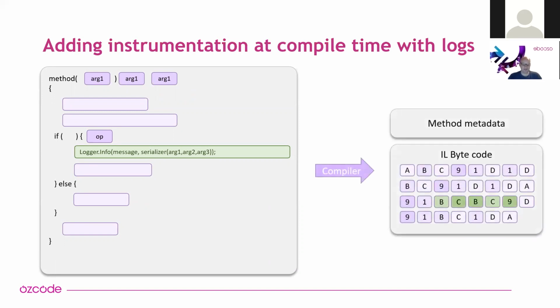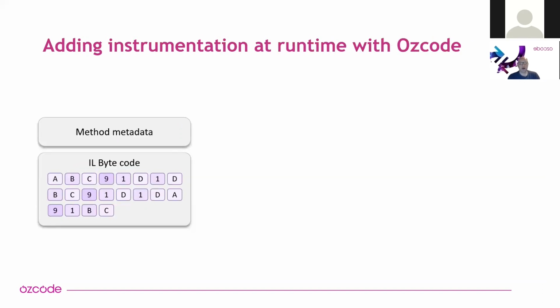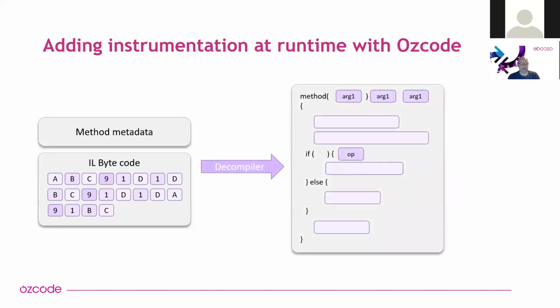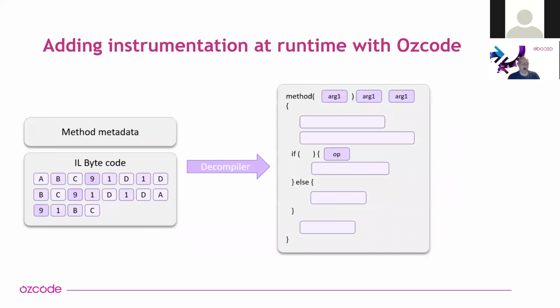And that just means that there's new instrumentation, right? That's what logging is. It's just very, very slow instrumentation, right? What Oscode does is it adds that instrumentation on the fly.